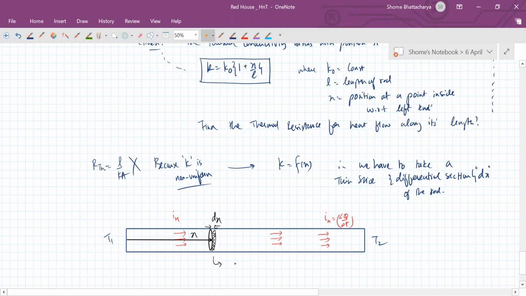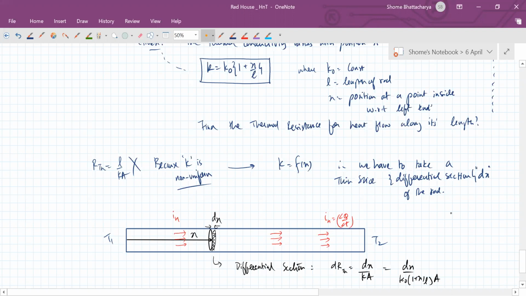So this differential section, the heat is passing through its thickness. So it has a thermal resistance of dx upon Ka. So that is dx upon K naught 1 plus x by L into A.